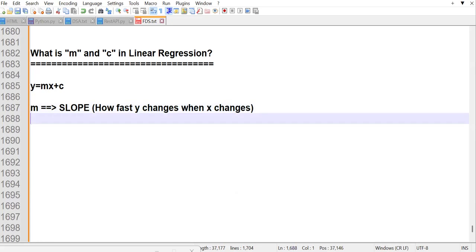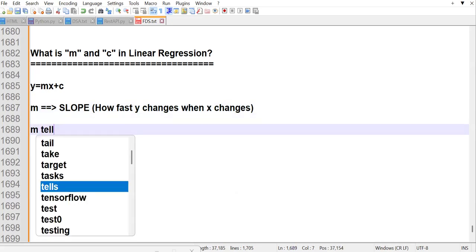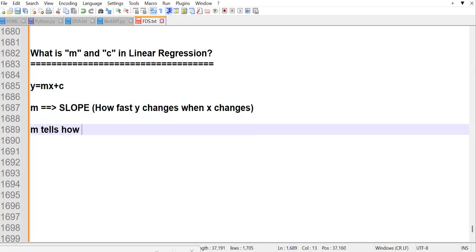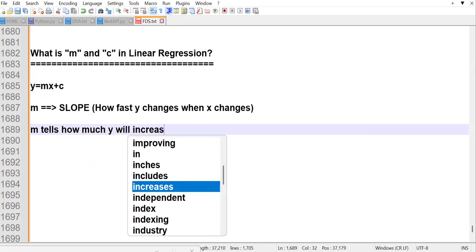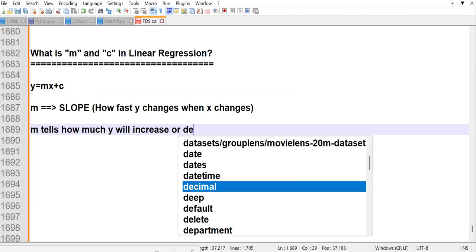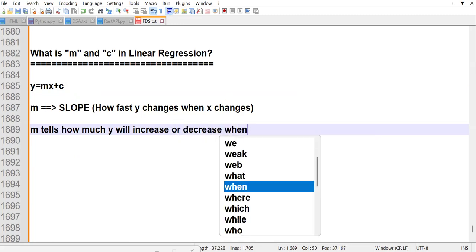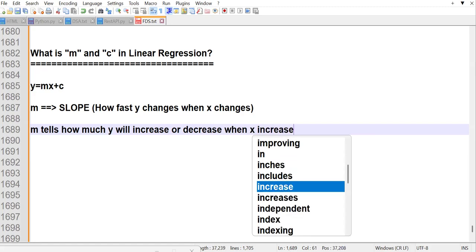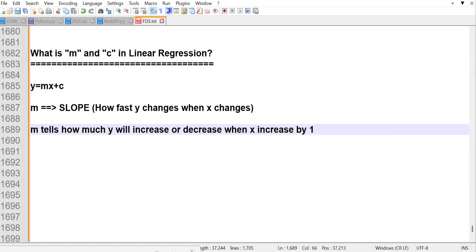So m tells how much y will increase or decrease when x increases by 1. So this is a slope.